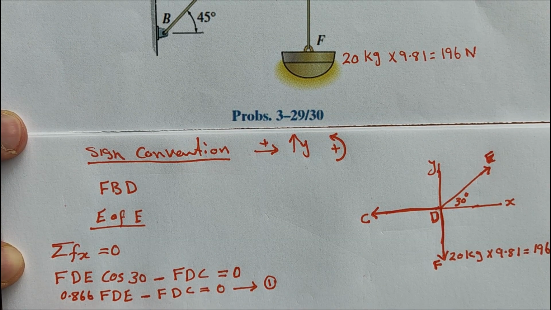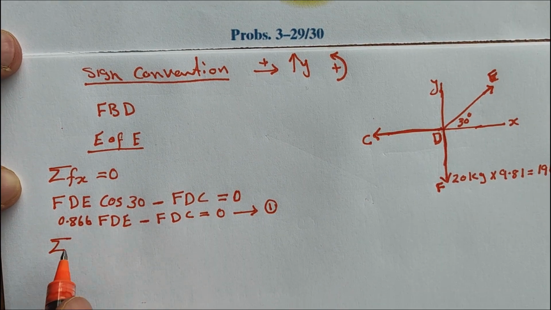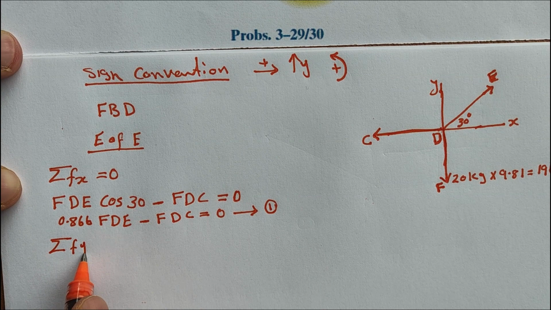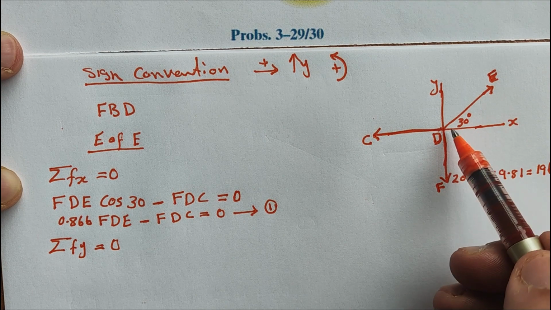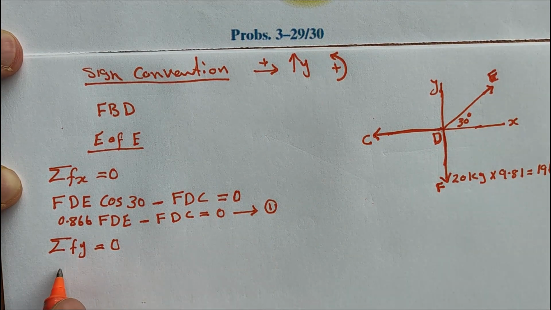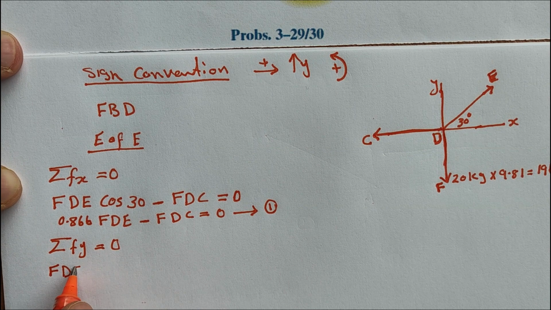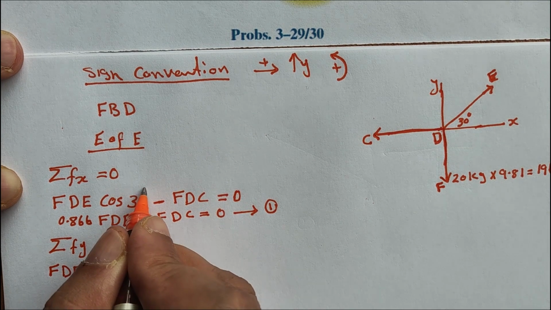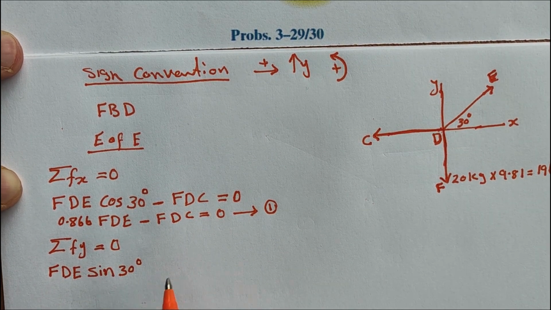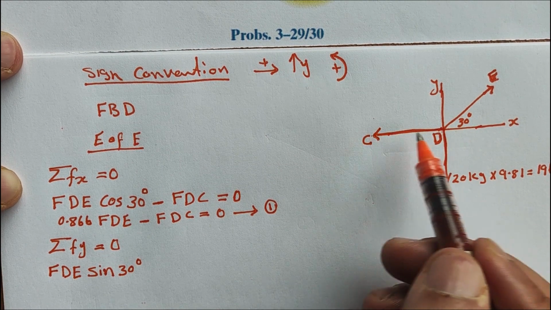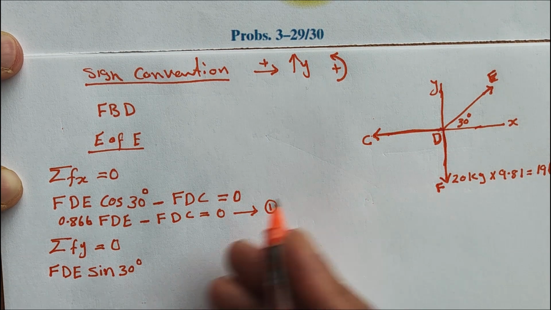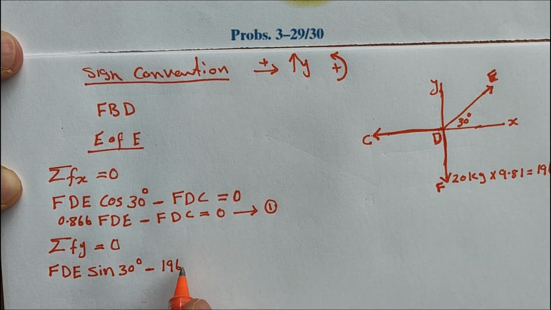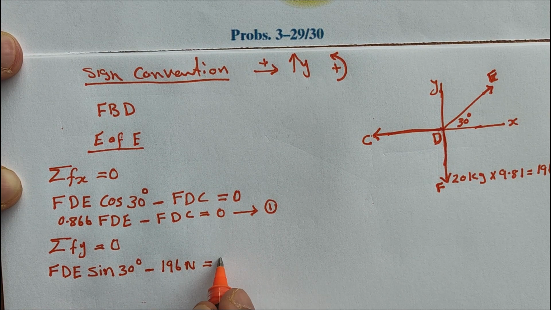Now we sum all of the forces on the y-axis, which should equal 0. The y component for DE will be FDE sine 30 degrees. And FDC doesn't have any y component. Downwards it's got negative 196 Newton. These all should equal 0.